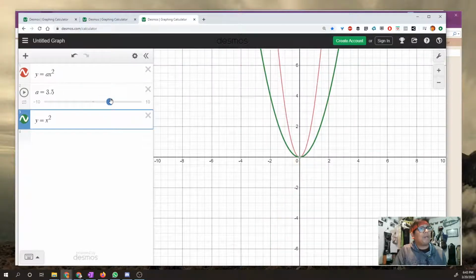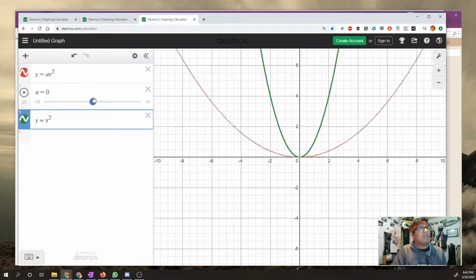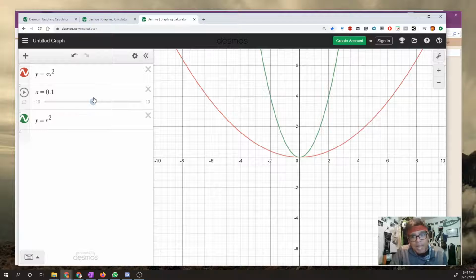I'm going to slide this back and forth for a little while. Take a look at how that value of a affects the shape of the parabola. Right over here, things change really fast. Of course, back in the day, we just looked at that and said, well, that's going to be our lattice point. That's where that's going to go.